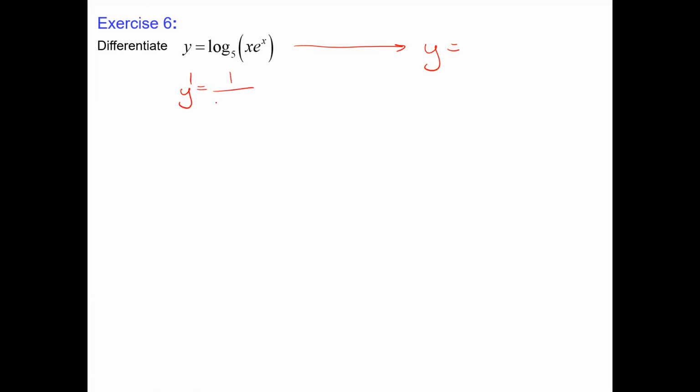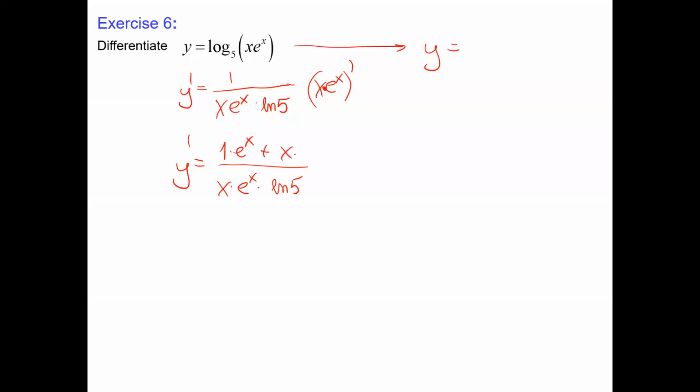The derivative is 1 over that quantity times natural log of 5, because we have the base, and times the derivative of that input. Okay, x e to the x ln of 5. And we have to remember we have the product x e to the x. The derivative of x is 1 times e to the x plus x, and the derivative of e to the x is just e to the x.